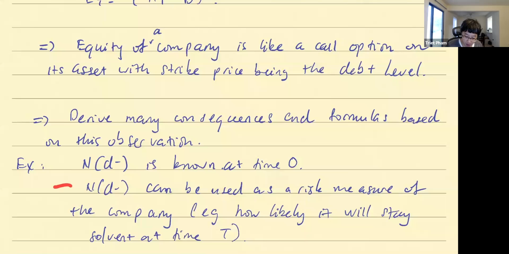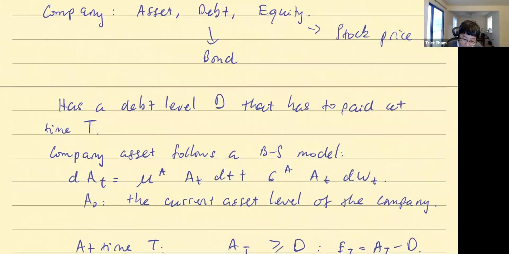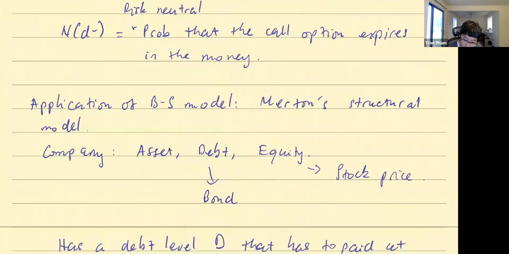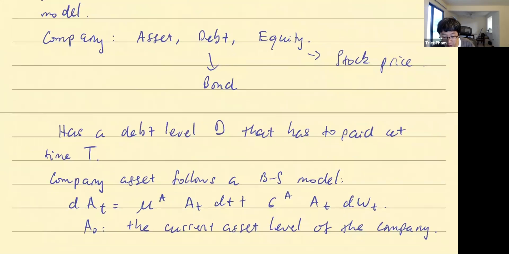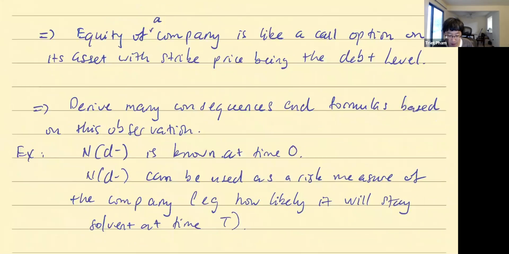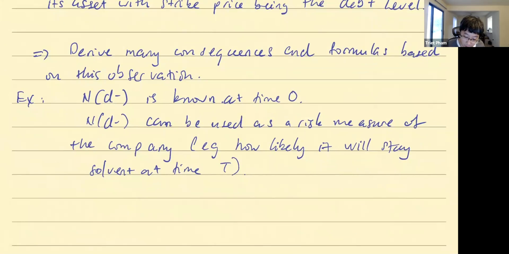There are nuances in this kind of calculation. For example, the first level of nuance is that this is not a physical probability. It's a risk neutral probability by definition. Which makes it a little bit tricky to use because, like I always say, we do not live in a risk neutral world.